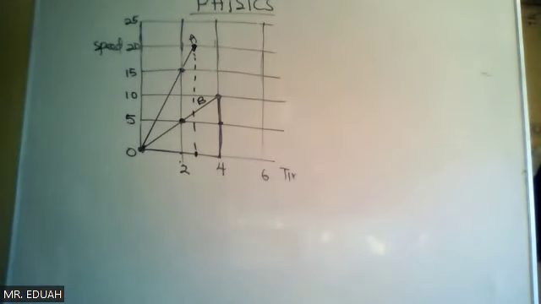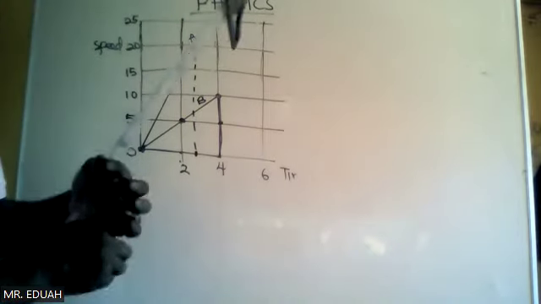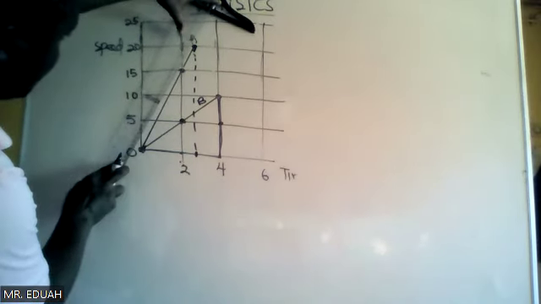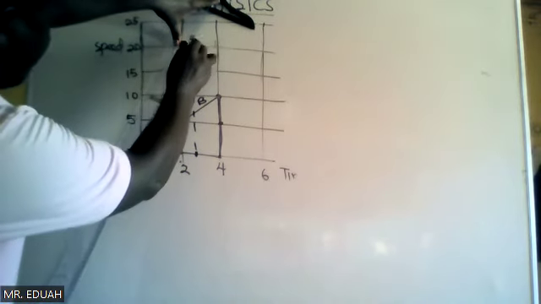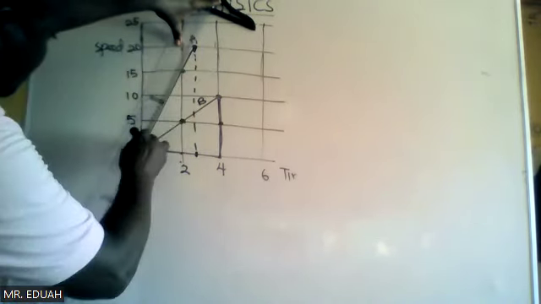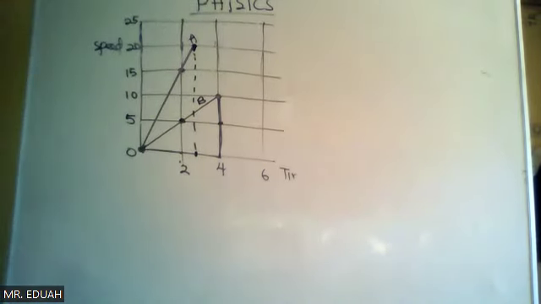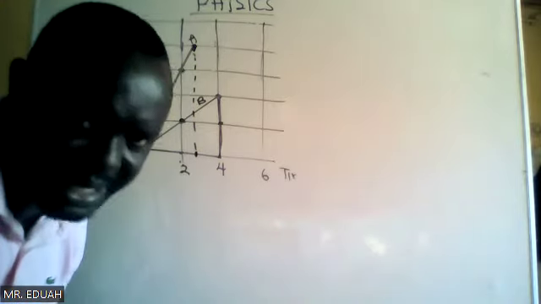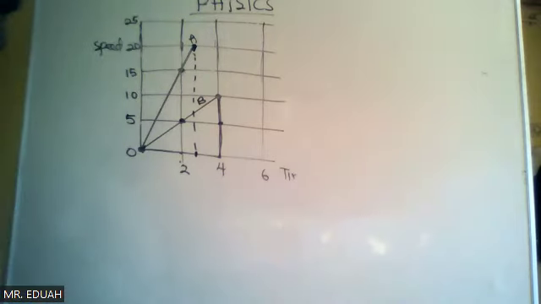Okay, so this is the graph of A. To determine a slope, once it's a straight line, any 2 points picked must give you the same value of the slope.